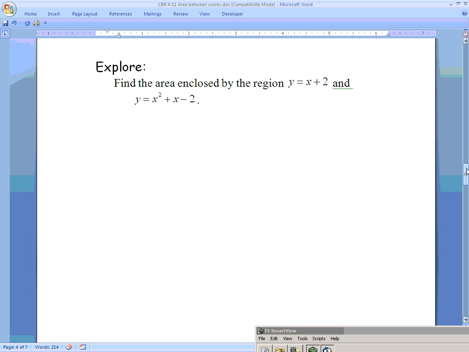So let's find the area enclosed by the region y equals x plus 2 and y equals x squared plus x minus 2. Because it says enclosed, we should be able to cap them off, if you will. They will create a region that doesn't have any gaps.